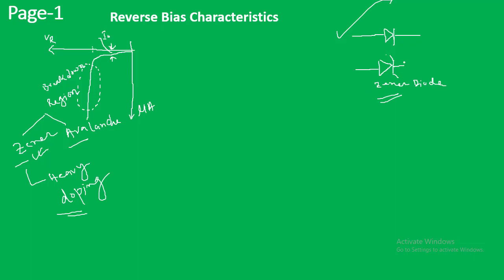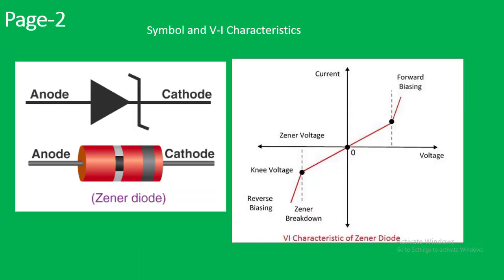Now the forward bias characteristics here are the same as those of the normal diode, but the reverse bias characteristic is different from the normal diode.